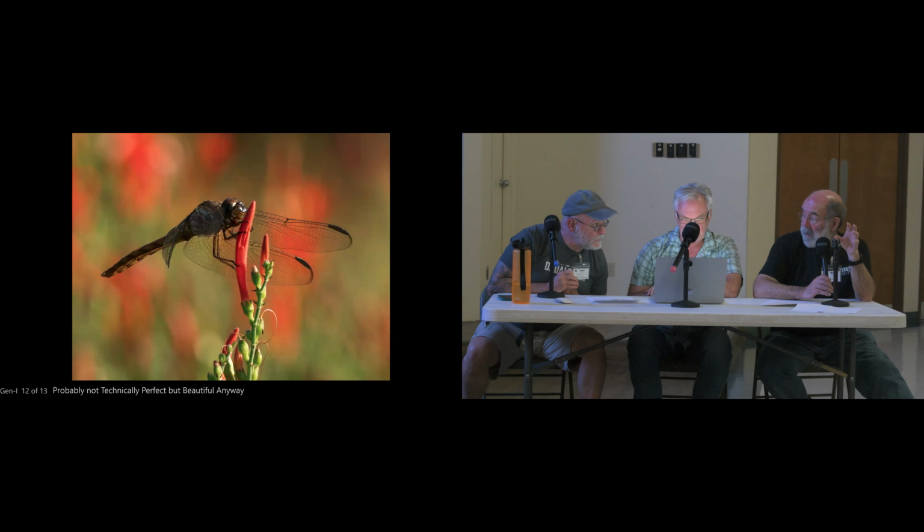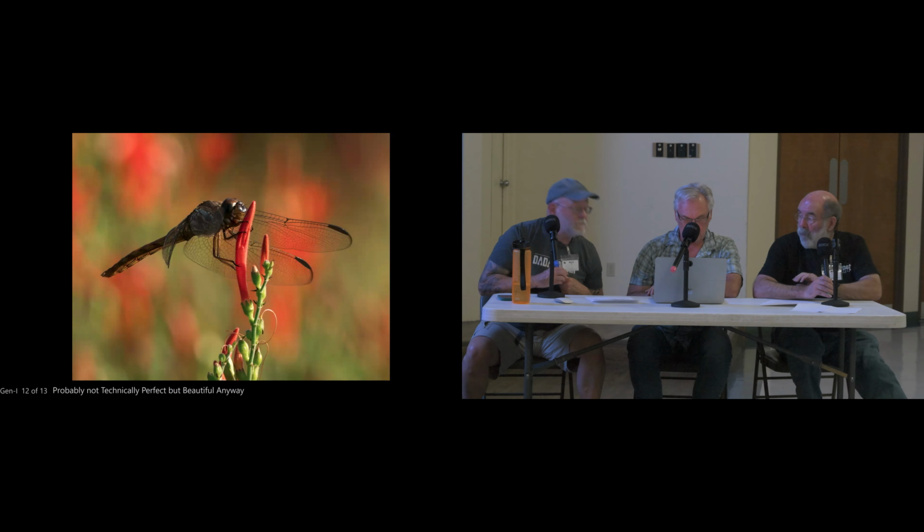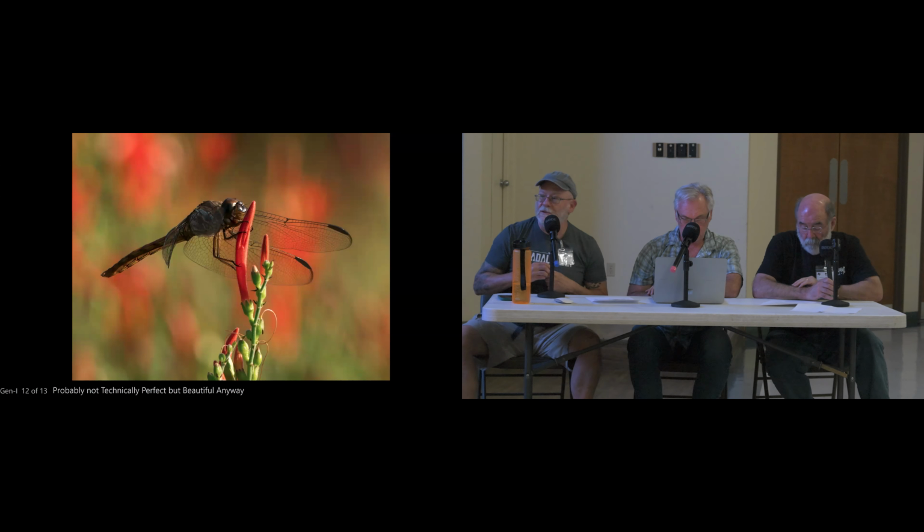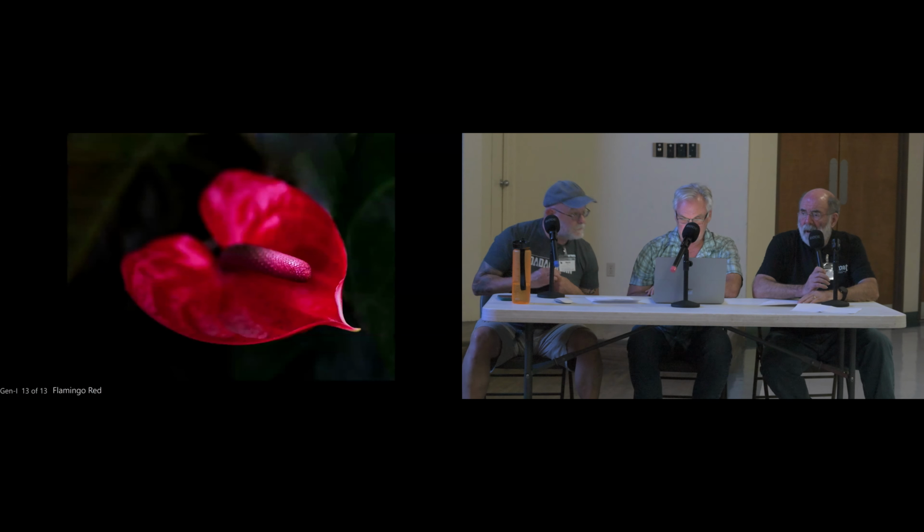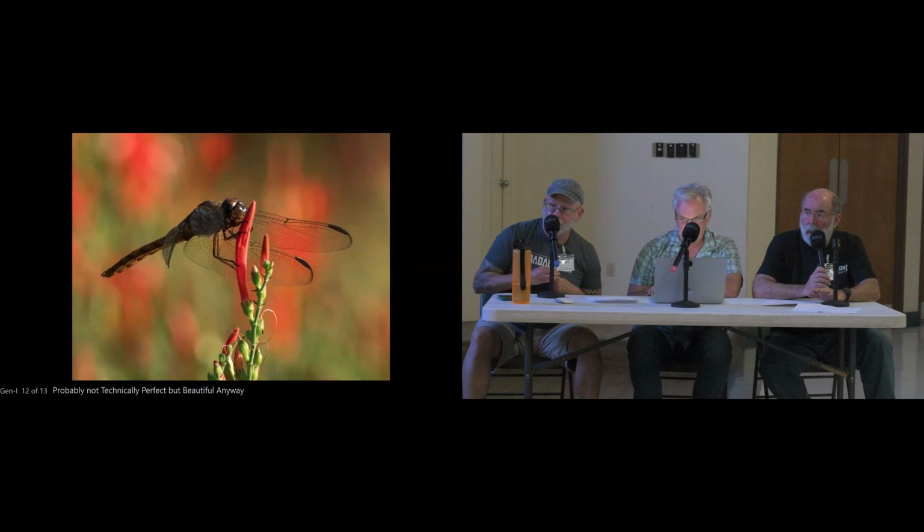If you know your subject is coming back to these plants, get that little bit of fill light in there, bring that subject up, and darken, and then you have even more to work with. And photography like this is about collecting data in the field and processing it into a presentable image.